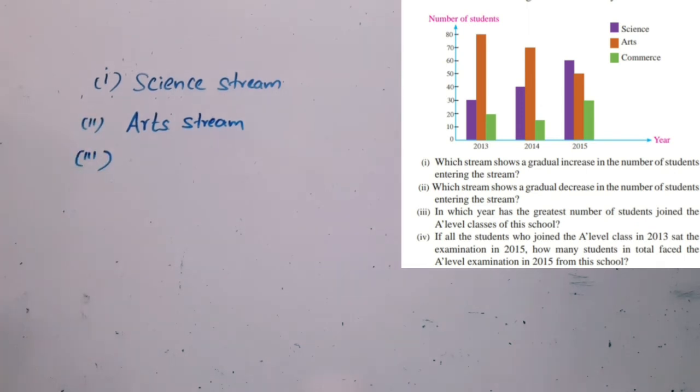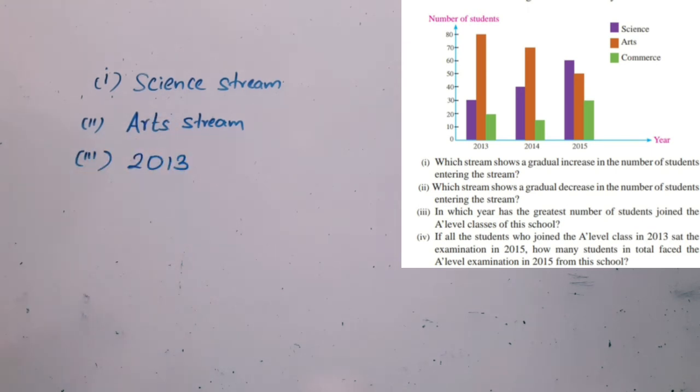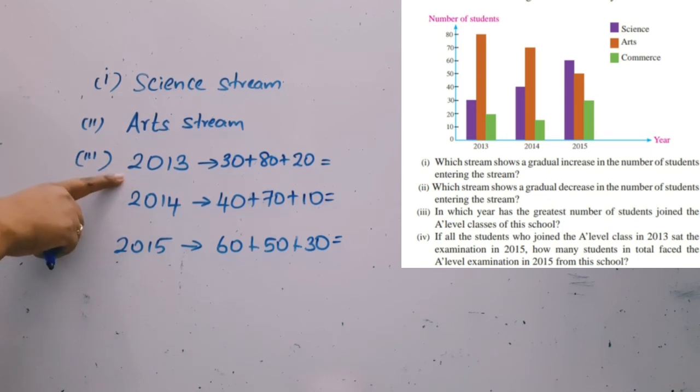Now the third question is, in which year has the greatest number of students joined the A-level classes of the school? Now here you should add all the students from each stream in order to calculate the number of students. So let's do that by adding all the students from each year. So let's find the number of students of 2013 first. You can see here, children, you can use a ruler in order to get the relevant information.